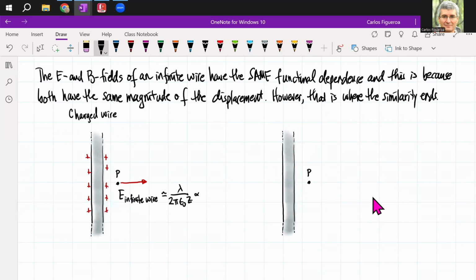In other words, this is proportional to 1 over z. Now, I can say the same thing for a current carrying wire.